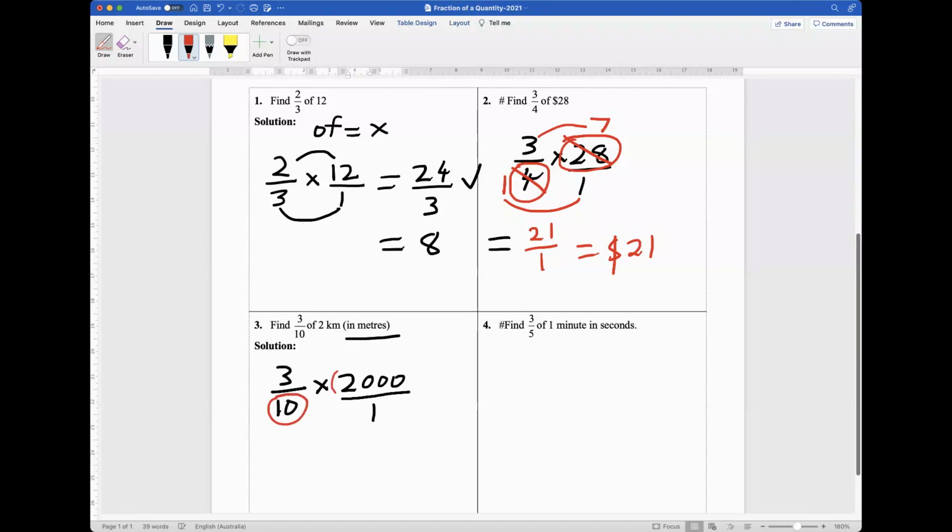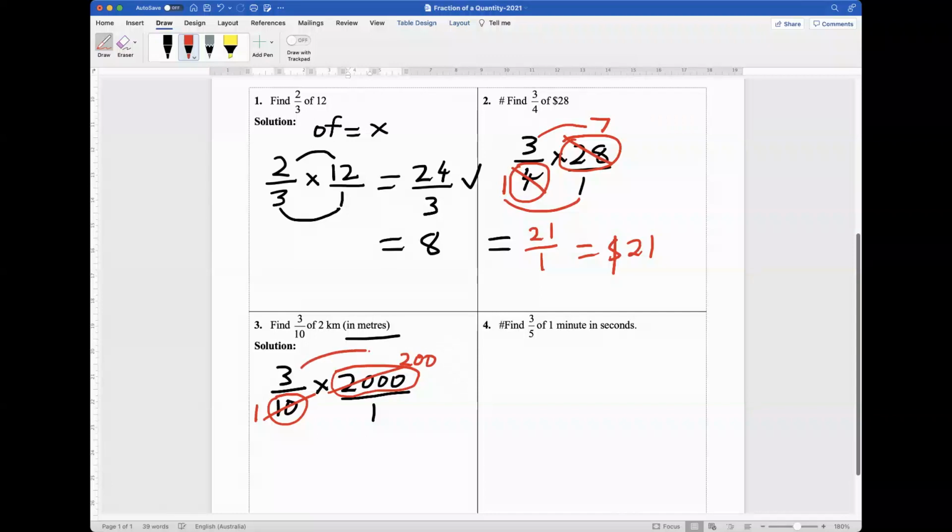If you look at the 10 and the 2,000, we've got a numerator and denominator pair there. So what goes into 10 and 2,000? Well, 10 does. 10 goes into 10 once, and 10 goes into 2,000 200 times.